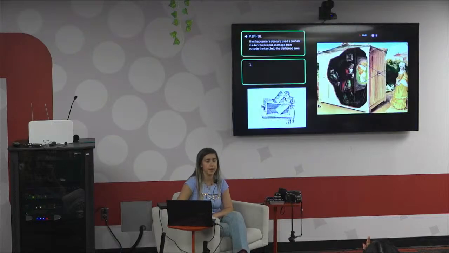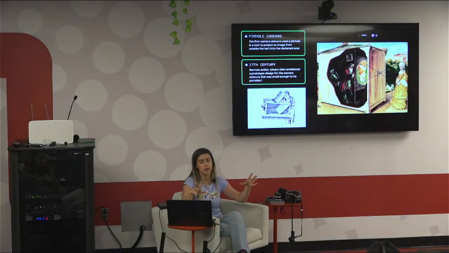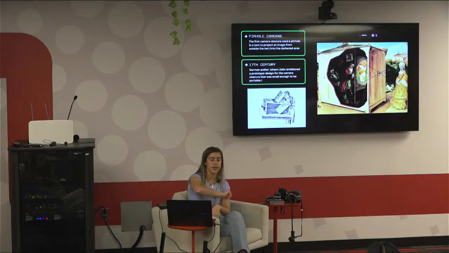From that, there were pinhole cameras made, which was just a smaller version of that. People started using them for portraiture, so this lady is sitting there, and they're using it to trace her image, so it made art a lot easier. Not a lot easier, but a little bit easier. And fast forward from that, in the 17th century, we got a portable version of the pinhole camera that basically could be carried around.